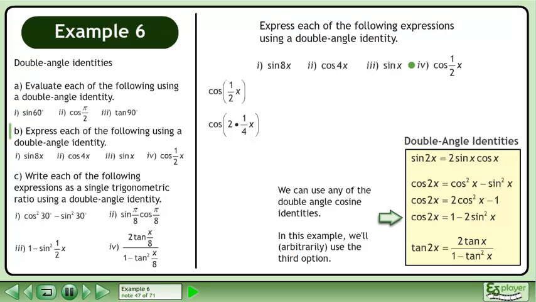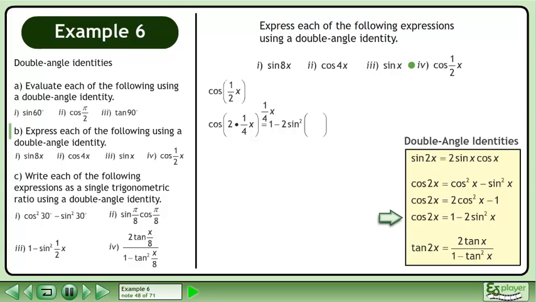We can use any of the double angle cosine identities. In this example, we'll arbitrarily use the third option. Plug 1/4 x into the right side of the equation. This gives us cos 1/2 x equals 1 minus 2 sine squared 1/4 x.